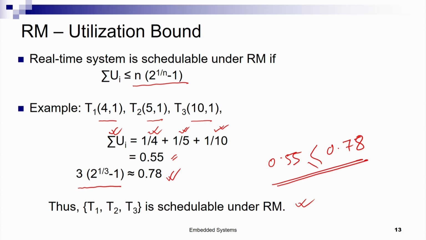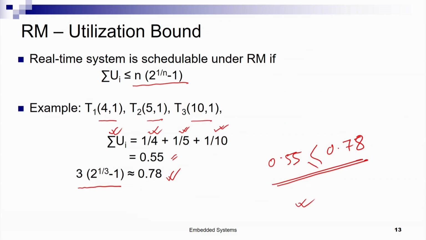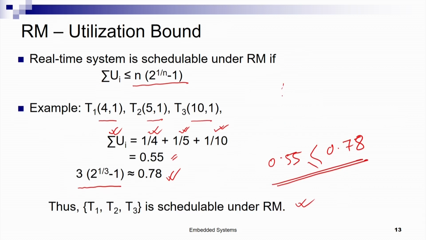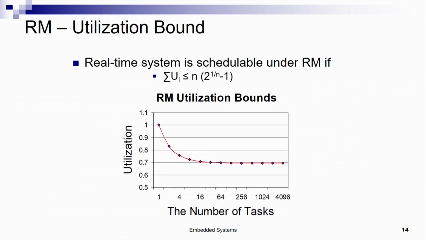If we go into that, we will see that for those 3 tasks, the utilizations are 1 by 4, 2 by 5 and 2 by 7. If we do this calculation, we will see that 1 by 4 plus 2 by 5 plus 2 by 7 is not less than or equal to 0.78. If you just calculate it, you will find this.